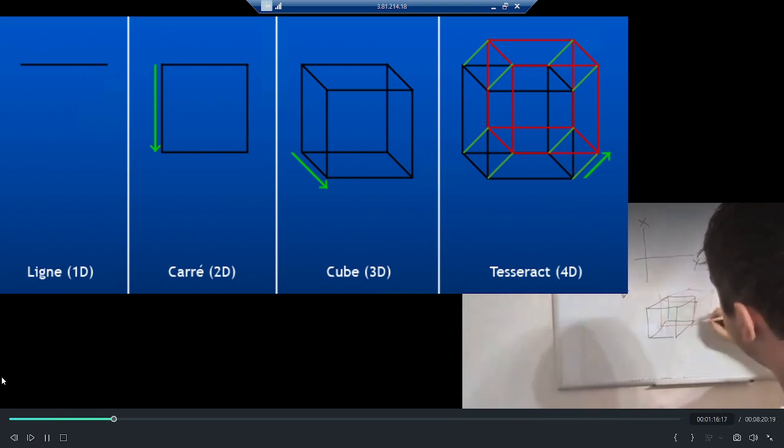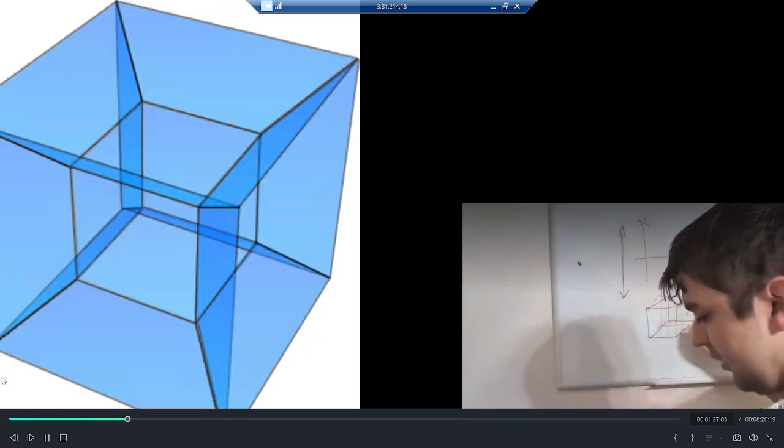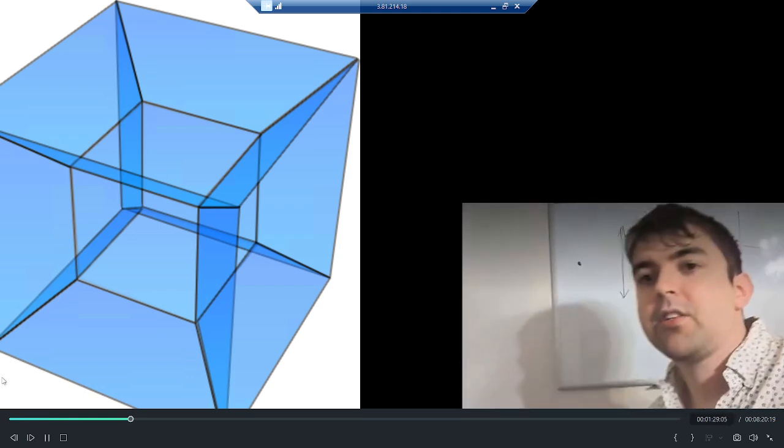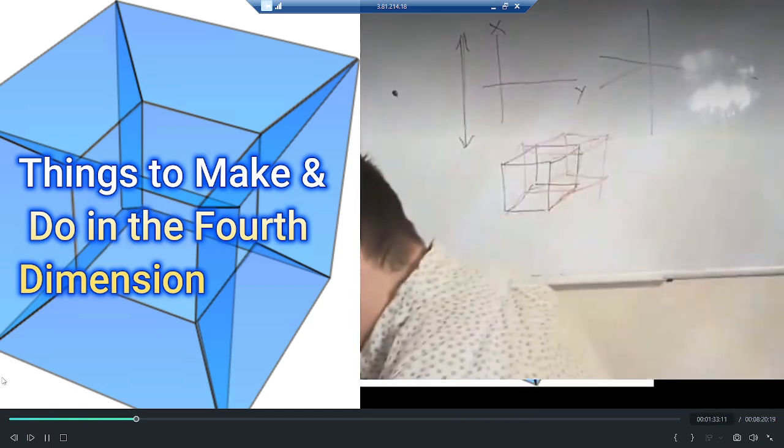This is going to be really bad. But basically you do something like that, where you draw 2 cubes and then you connect them all together. The picture in the book does a much better job doing that.